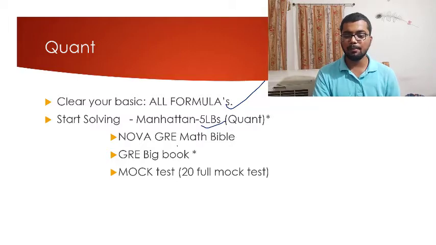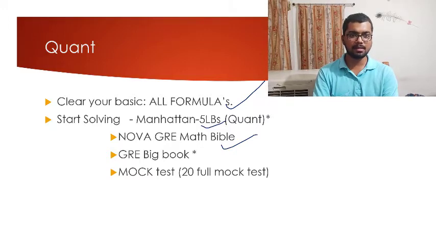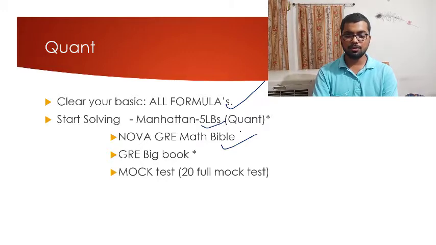After solving Manhattan 5LB, in the meanwhile also do the NOVA GRE Math Bible. The Math Bible is a very good book if you want to learn all the tips and tricks for the real GRE exam. I highly recommend both the Manhattan and NOVA GRE books.